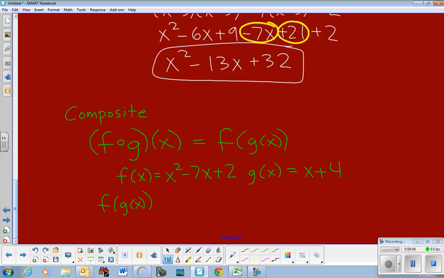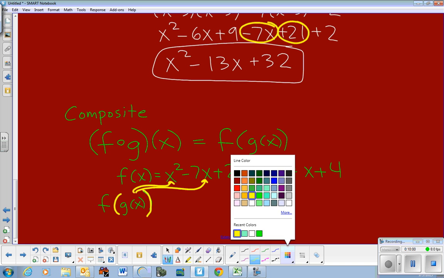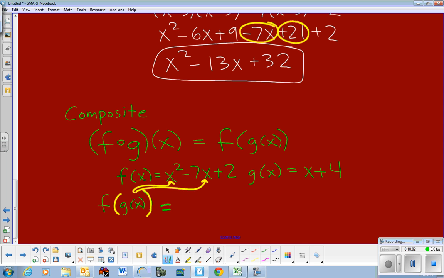Remember, whatever gets put in these parentheses needs to go in for x here and here. We established that earlier. So f of g of x would be something squared. That first x gets squared. And what are we substituting in for that? g of x. And what's g of x? x plus 4. Okay, so (x plus 4) squared minus 7 times (x plus 4) plus 2.